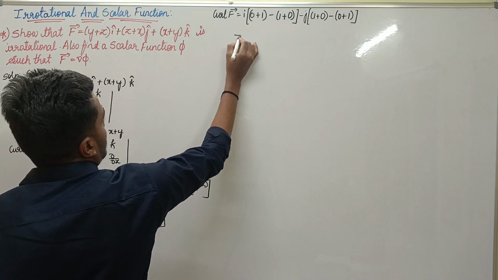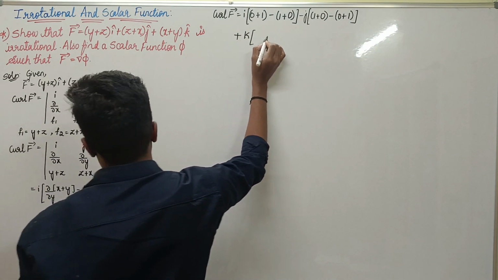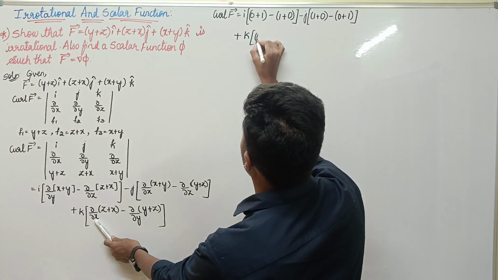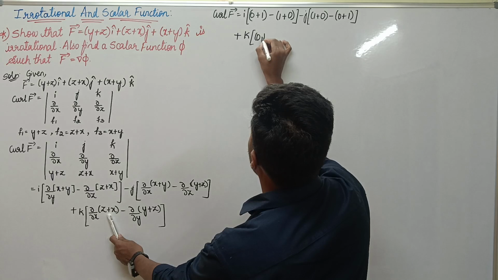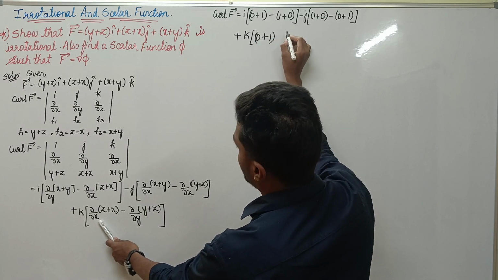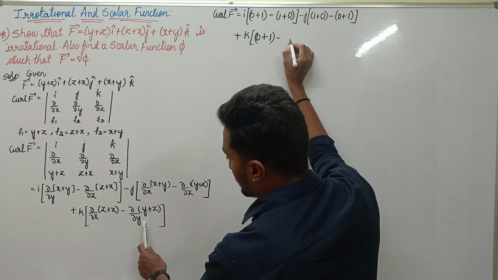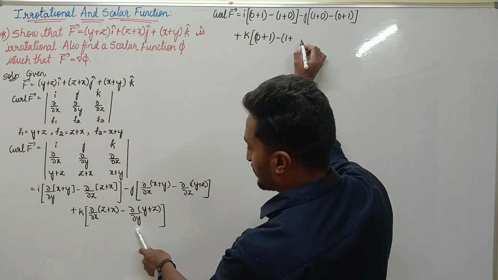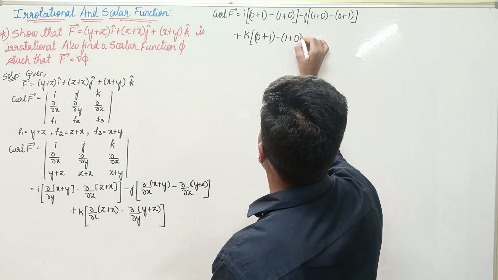Next, plus k into: differentiation of z with respect to x is 0, plus differentiation of x with respect to x is 1, minus differentiation of y with respect to y is 1 plus differentiation of z with respect to y is 0.